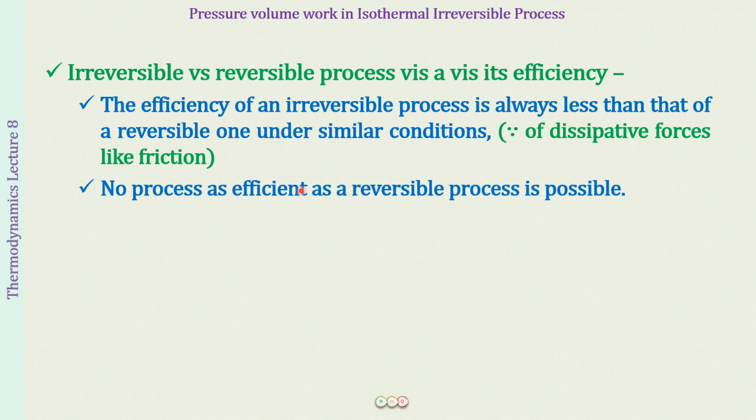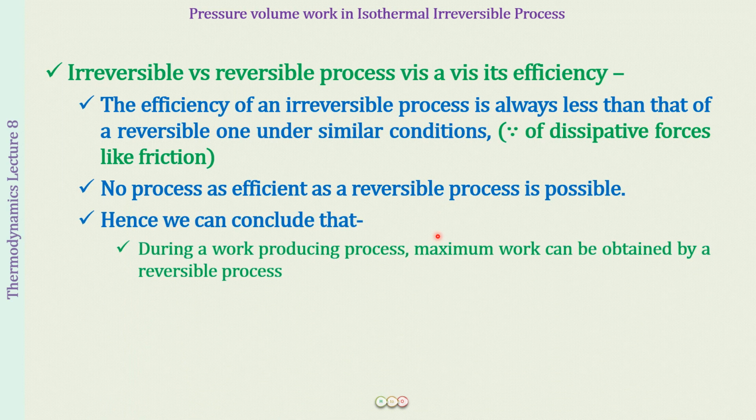The maximum efficient process is going to be the reversible process, but this is a hypothetical situation. We cannot have a reversible process in actual practice, but we try to develop our machines in such a way that we have them as close as possible to the reversible process, breaking it into as many steps so that we have maximum efficiency for our machines.